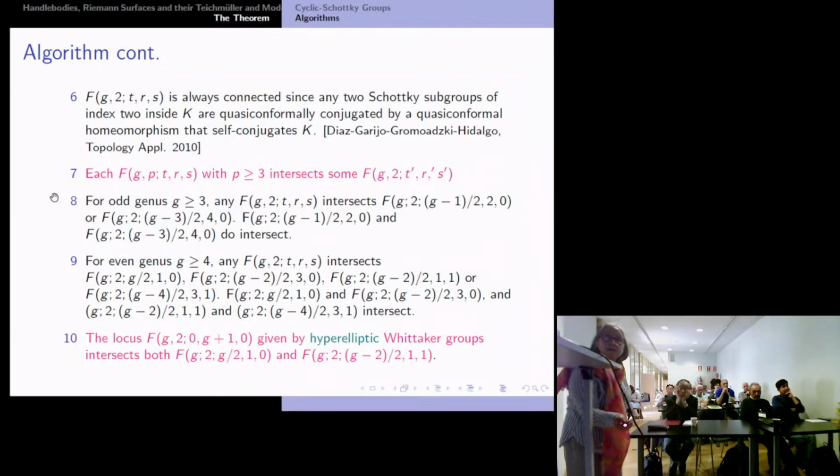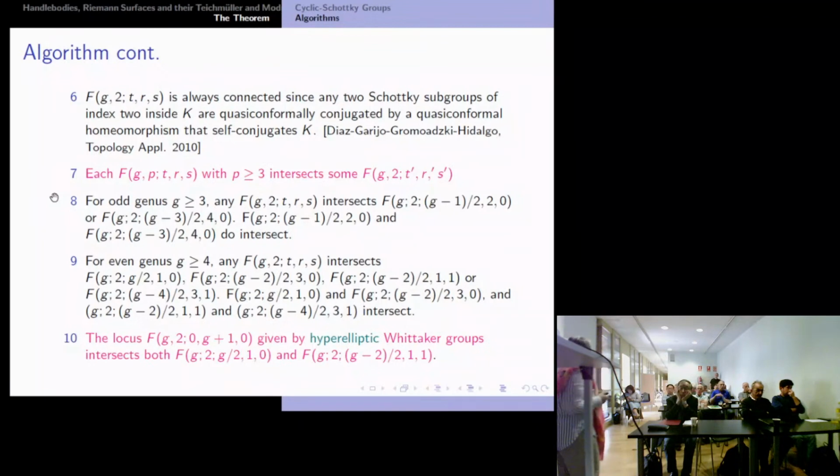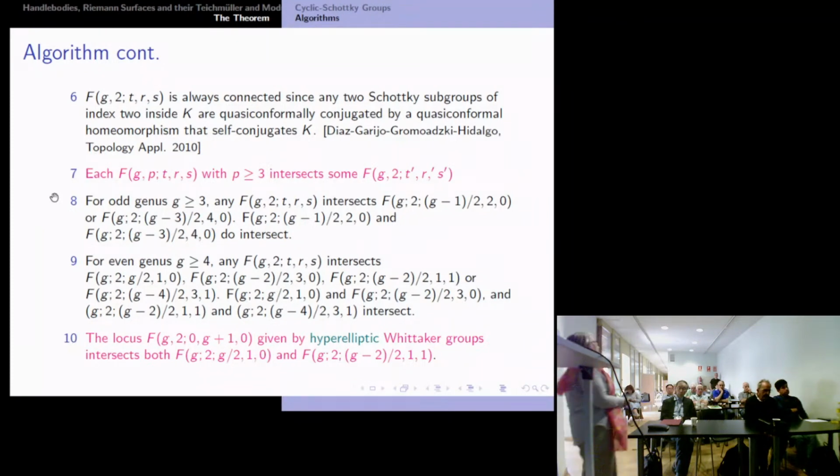And then we can connect them every time the T is even. It's easy to find. Or every time the S has the same parity as the T, we can connect them. And of course we still have to connect the component, but it appears here one which we call the elliptic Whittaker group, because it has no loxodromic part, and it in fact cuts the other two families, so it gets connected.